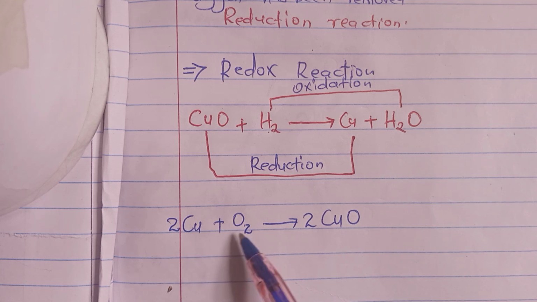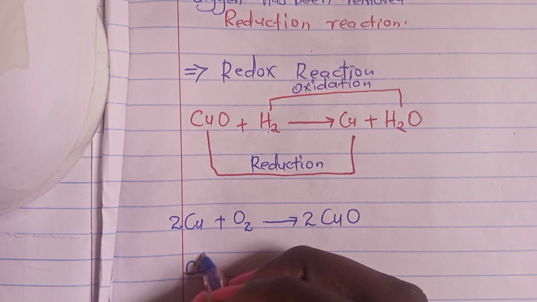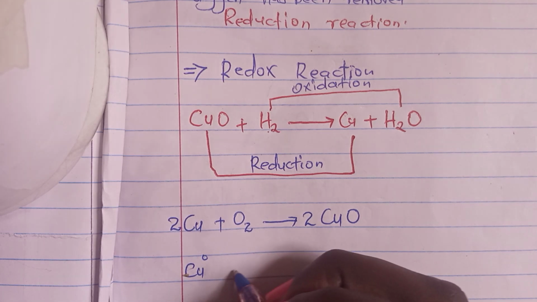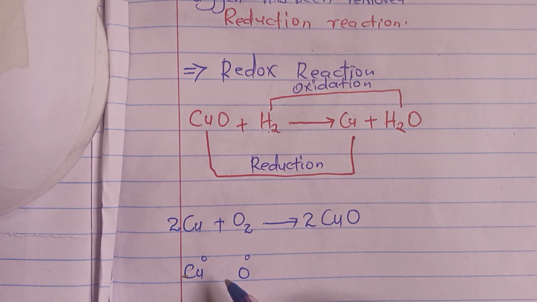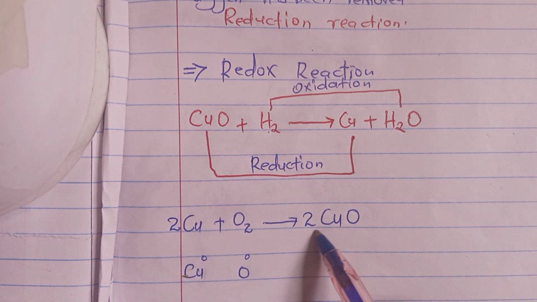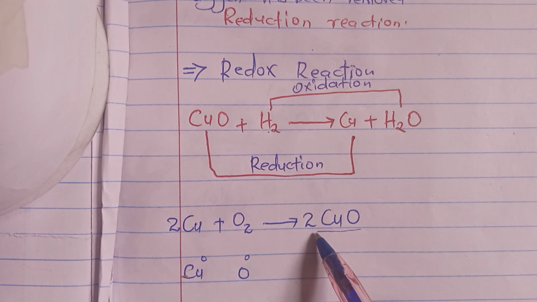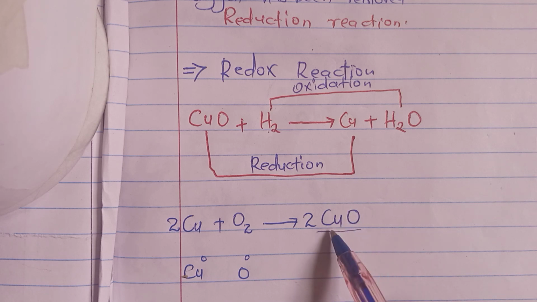Note that. So for the oxygen molecule, its charge is 0. For copper, we have a 0 charge. For oxygen, we also have a 0 charge. But when these substances combine together to form a compound, in this case copper oxide, for a compound to be formed, there must be exchange of valences.